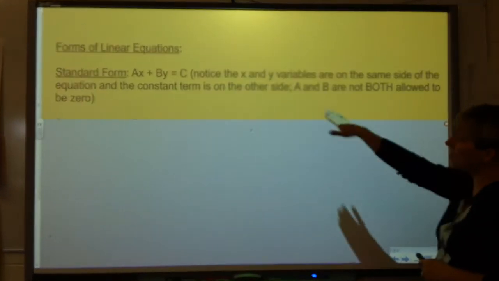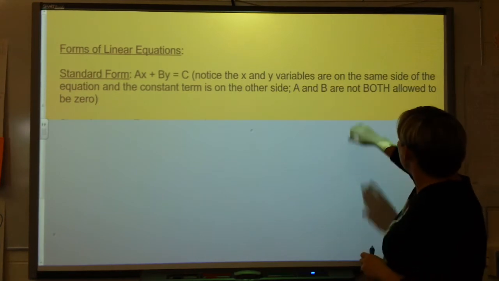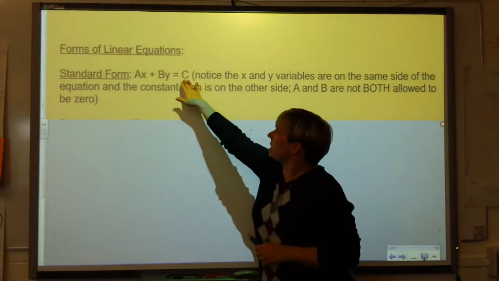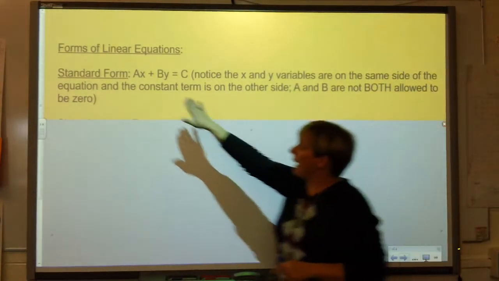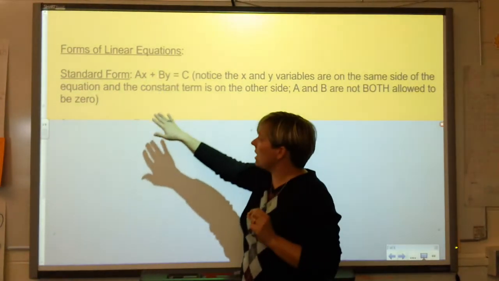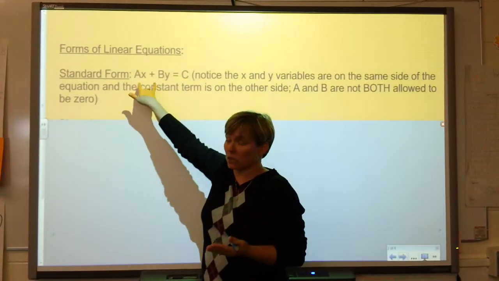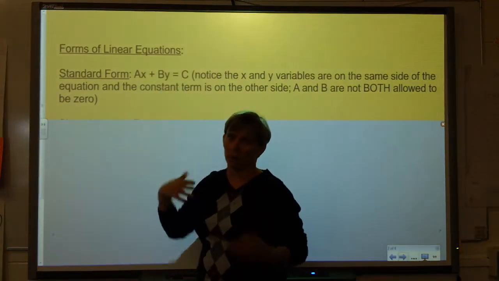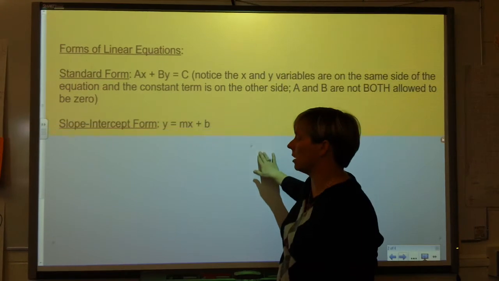You'll notice that my x and y variables are on one side of my equation, and my constant, my c, is on the other side. Keep in mind, a and b and c are integers, and a and b cannot both be 0. If both of them are 0, I don't have an equation here because my variables would be multiplied with those zeros and I get 0.